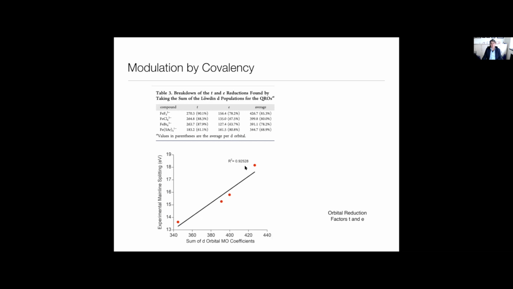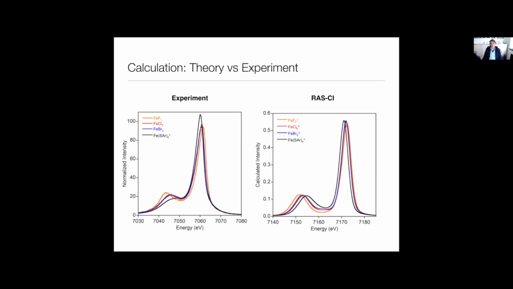That is pretty much a straight line, at least for a theoretician it is a good enough straight line, with a very good correlation. Essentially, there is a correlation between these orbital reduction factors T and E in Atanasov's table and the actual splitting of the mainline. And you can calculate these spectra quite nicely with the RACI approach. So that is the experiment for these hexahalides.